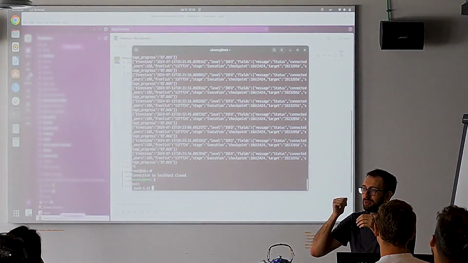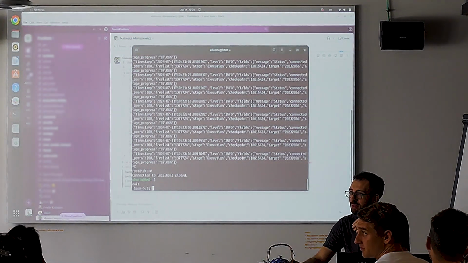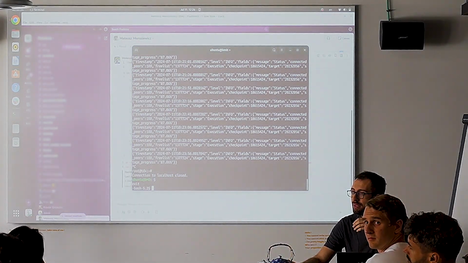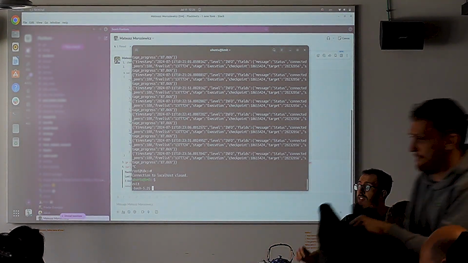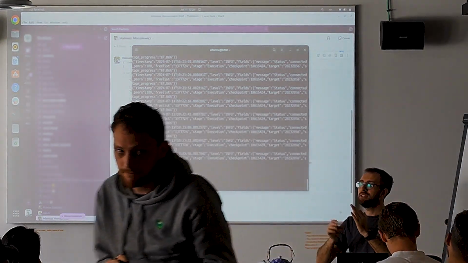A lot of people think Docker is a big thing. It's not Docker. Docker is just the OS that is running BitBake.